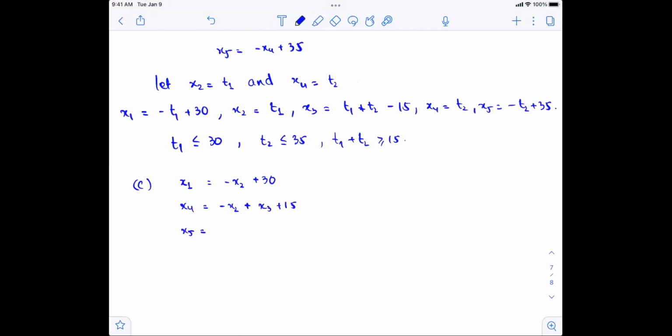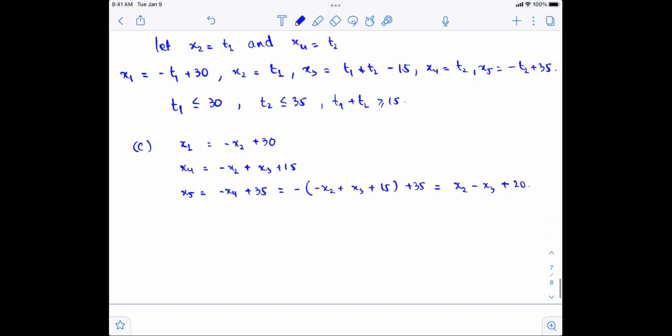And x5 equal to negative x4 plus 35. But we have decided that x2 and x3 are free variables, so we're going to write x5 in terms of x2 and x3 as well. So that is negative of negative x2 plus x3 plus 15, plus 35. This is going to give us x2 minus x3 plus 20.